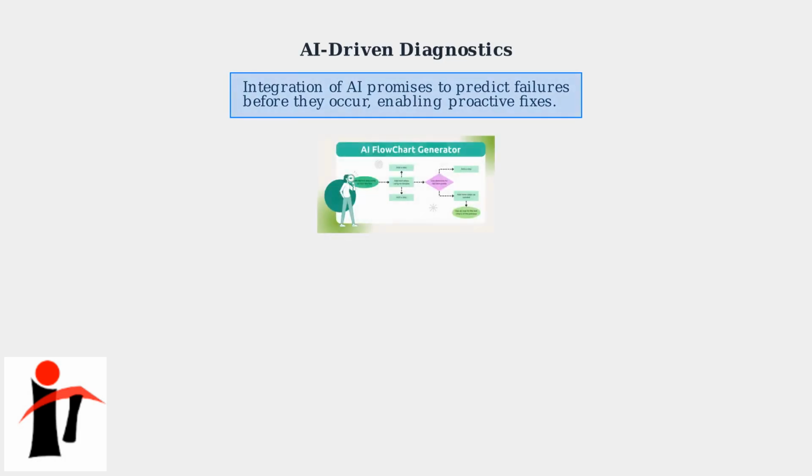Redundant sensors provide backup systems, ensuring the shift-by-wire mechanism remains operational even if one component fails. Tesla's integration of AI-driven diagnostics, powered by full self-driving software, will predict gear shift failures before they happen. This technology analyzes sensor data and driving patterns to detect potential issues, allowing over-the-air updates to correct problems proactively.